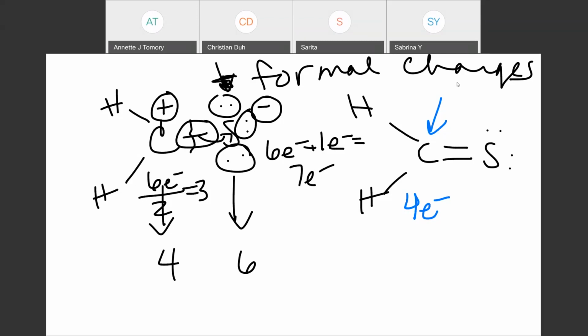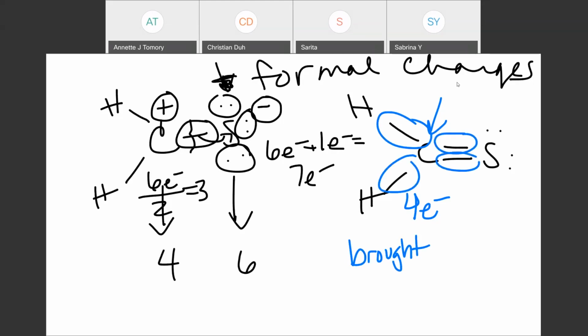Okay, carbon has 4 electrons that are bonded to it right now, right? That are around it with the bonds. How many did carbon bring in? If I looked at the periodic table and we did the Lewis structures from the very beginning, how many electrons did it bring in? 8 electrons right now around it. 8 divided by 2 is what? 4.